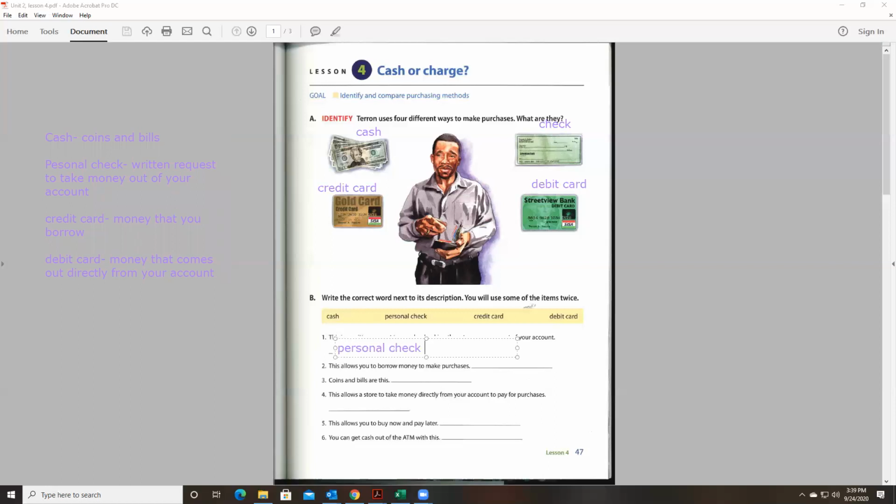Okay, it's something that you write where you're asking your bank for permission to take money out of your account. Okay, number 2, it says this allows you to borrow money to make purchases. Okay, the key word there is borrow. You are borrowing money. Credit card.